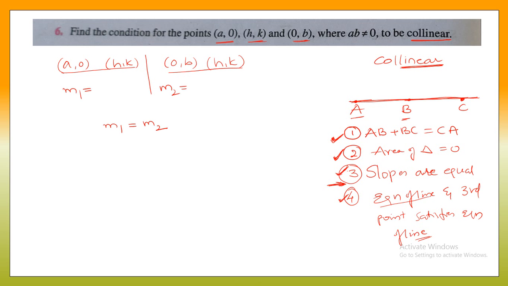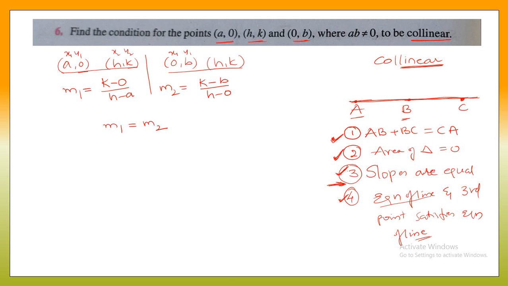So what is M1 here? M1 is nothing but y2 minus y1 by x2 minus x1, so K minus 0 by H minus A. Similarly, M2 is K minus B by H minus 0. These are the points x1 y1 and x2 y2, and the same way here.